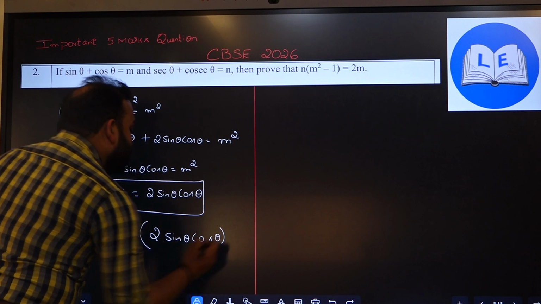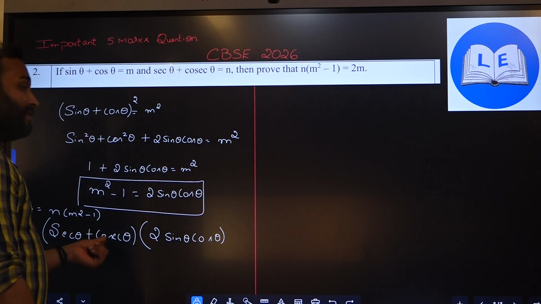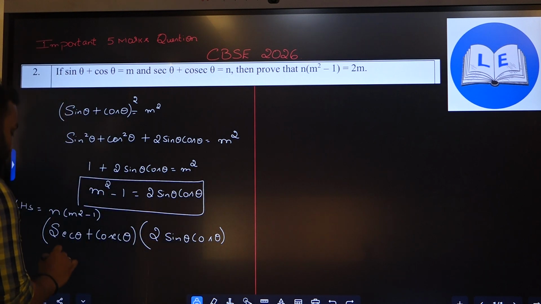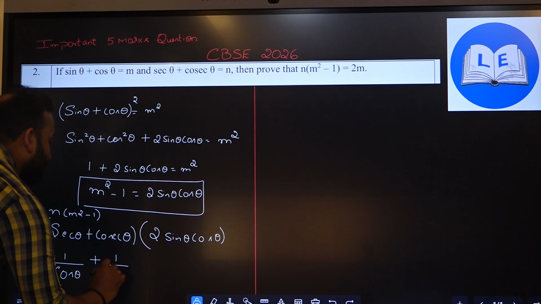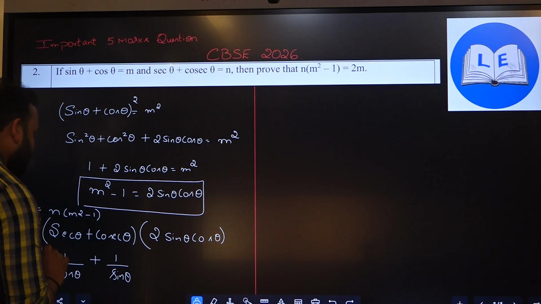Now children, since this is given in terms of secant and cosecant, let's convert in terms of sine and cos. So I'll write secant theta as 1 by cos theta, cosecant theta as 1 by sine theta, and I can take LCM here.